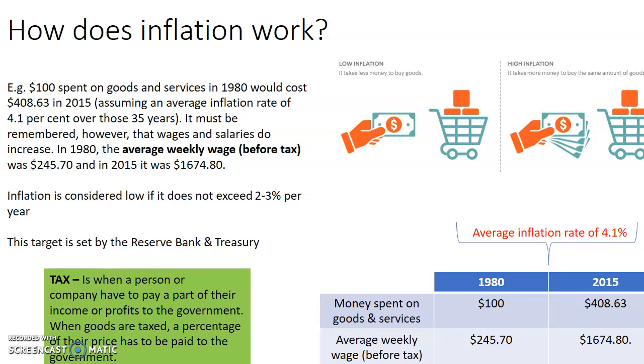Okay, now what is a tax? Tax is when a person or company has to pay a part of their income or profits to the government. Again, there are tax slabs. If you earn a specific amount of income, you'll pay tax based on your income.